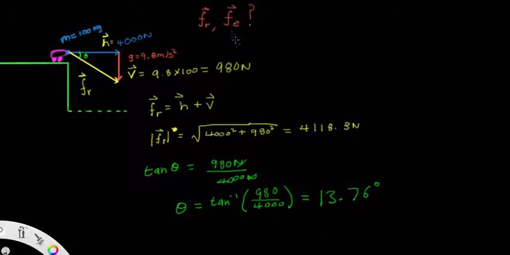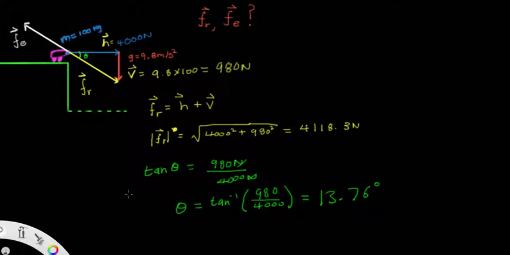Now we're also tasked to find the equilibrium force, and that's nothing more than simply the opposing force that we get from this resultant force. So let me just draw that out here. This right here is the equilibrium force, and I'll label that Fe.